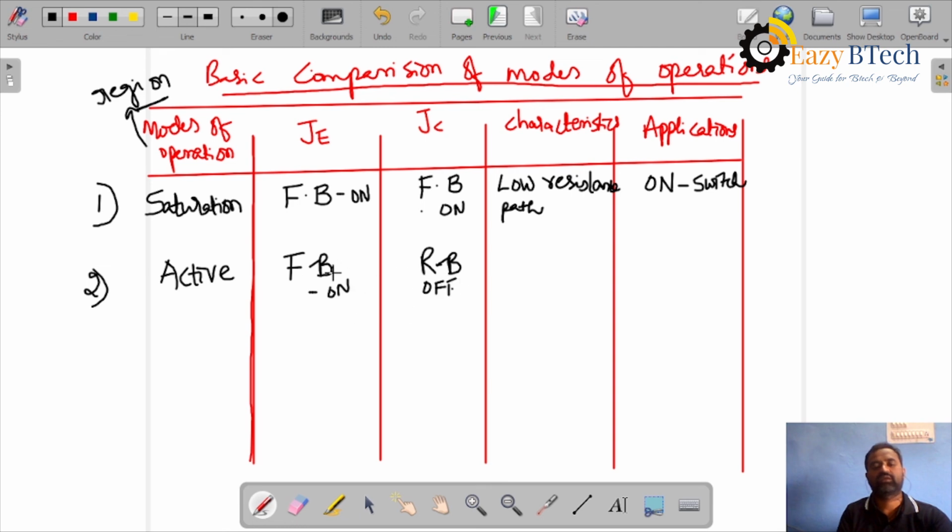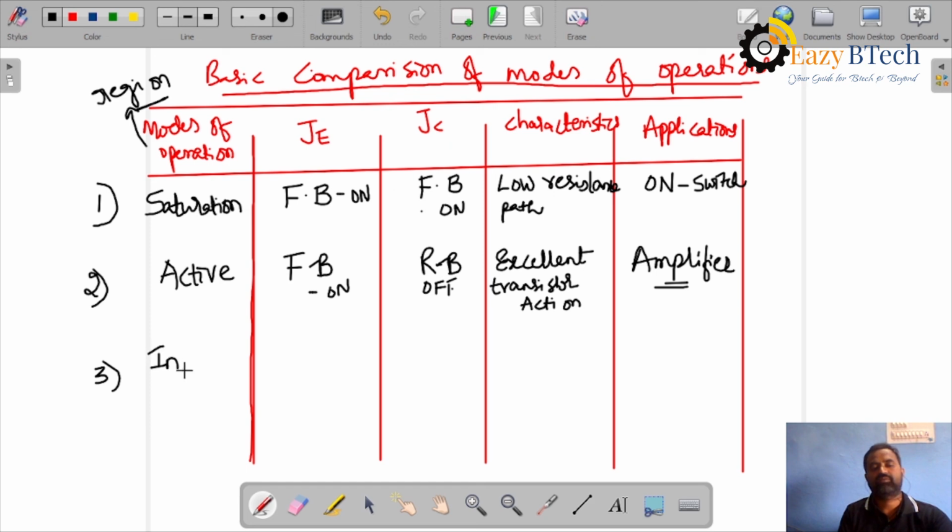Means a diode under forward bias on switch, under reverse bias off switch. This is excellent transistor action. Its application is amplifier.